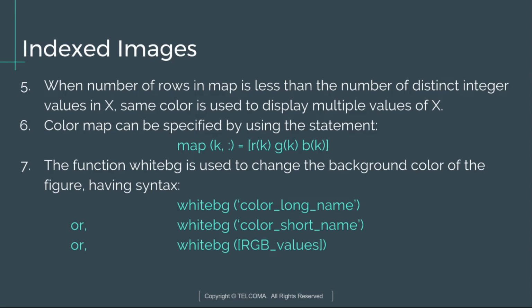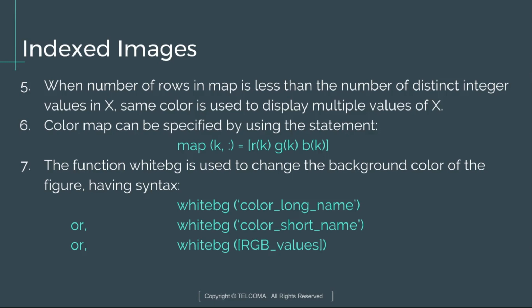The function whitebg is used to change the background color of the figure, having syntax whitebg, then include color long name in the parenthesis. So long name may be black, blue, green, cyan and so on. Another syntax for the same is whitebg and in parenthesis include color short name.